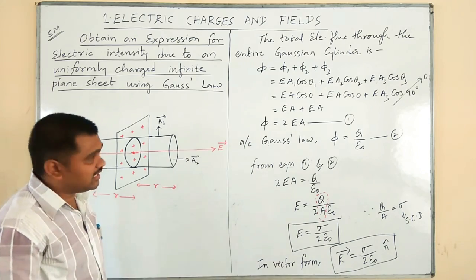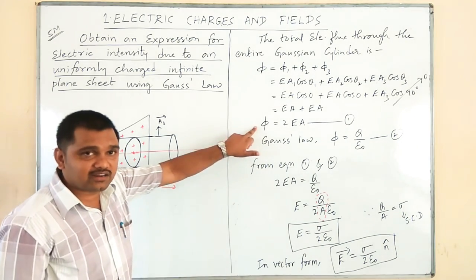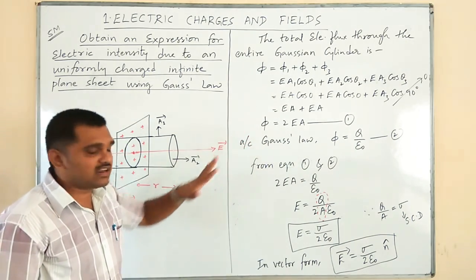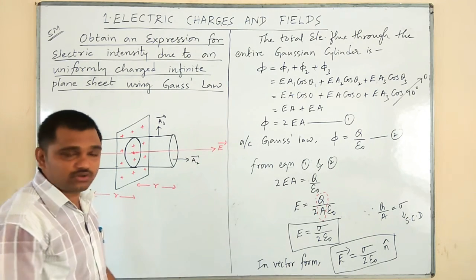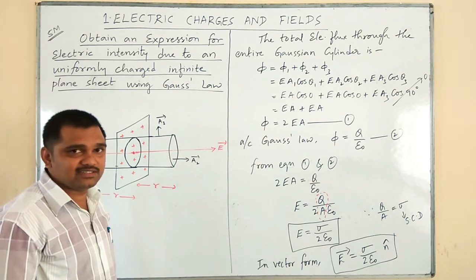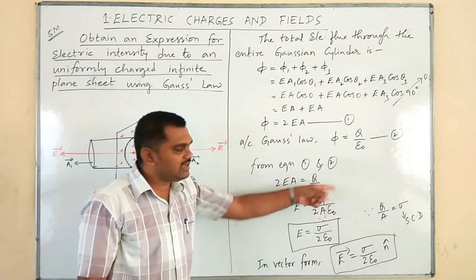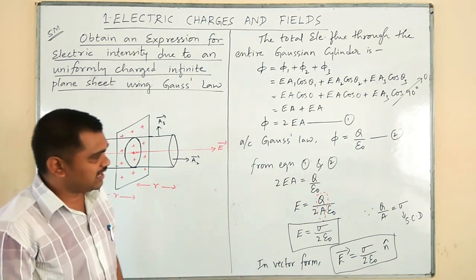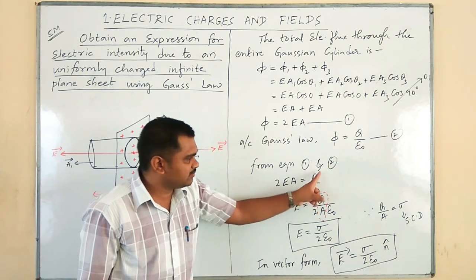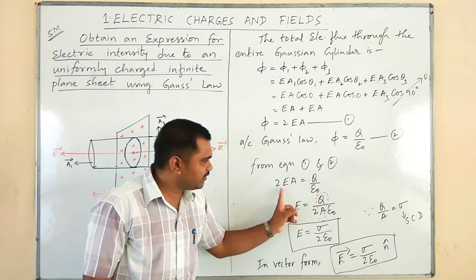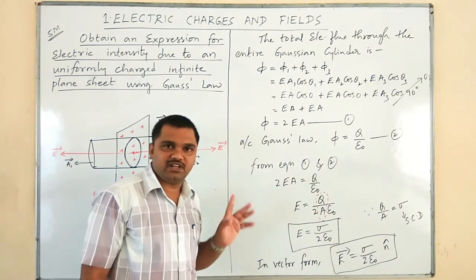And the third rule says, equate this total electrical flux with the actual Gauss equation, phi is equal to q divided by epsilon naught, isn't it? So just compare 1 and 2. What you get here is 2EA is equal to q divided by epsilon naught. On rearranging the terms, what you get here is E equal to q divided by 2A epsilon naught.